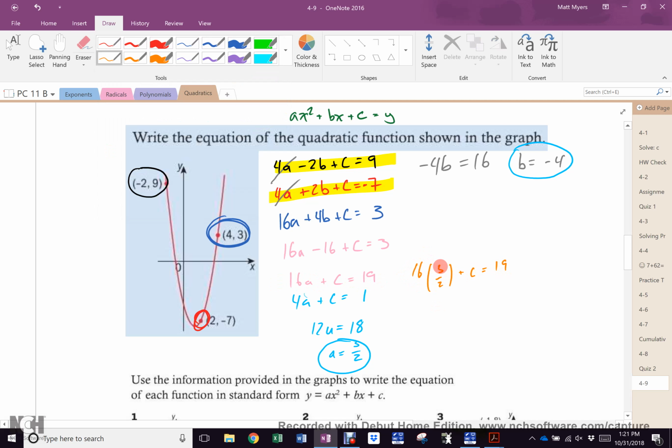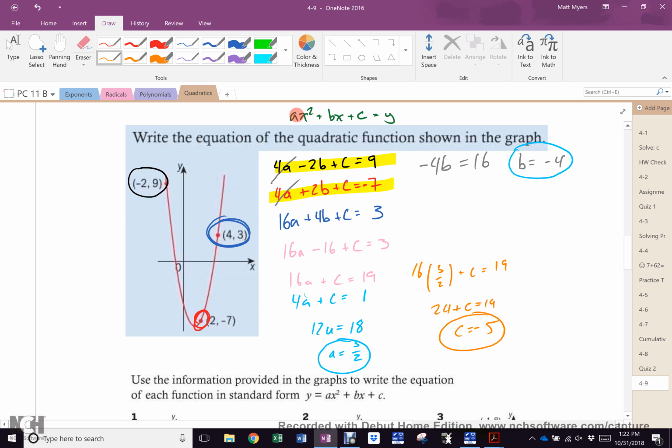What's 16 times 3? 48 divided by 2? 24. 24 plus C equals 19. C equals what? Minus 5. Now, do I have A, B, and C?